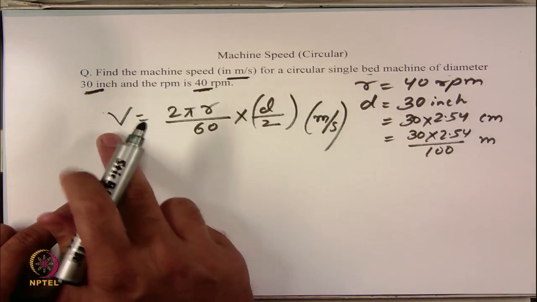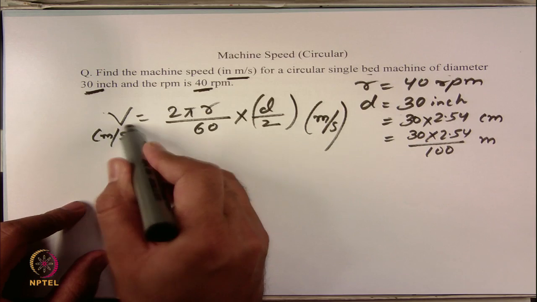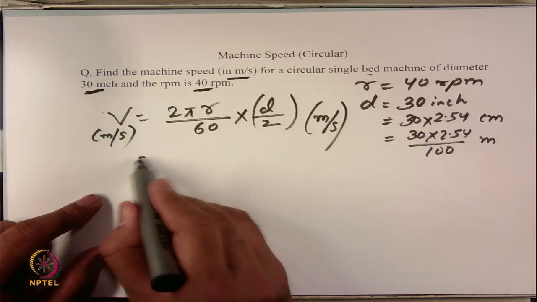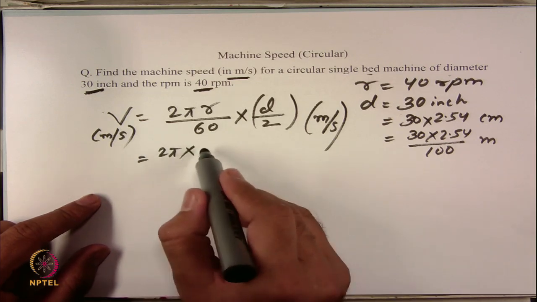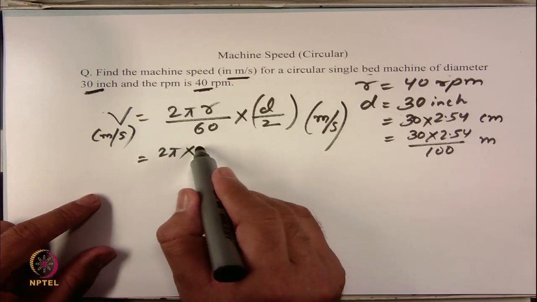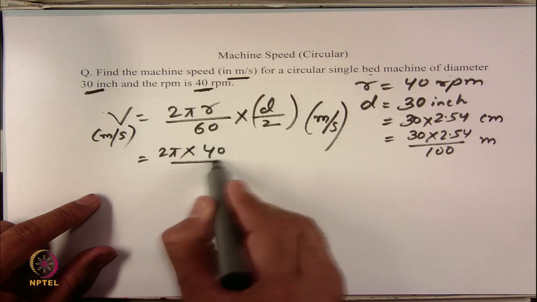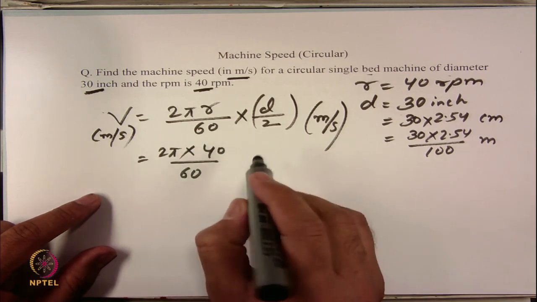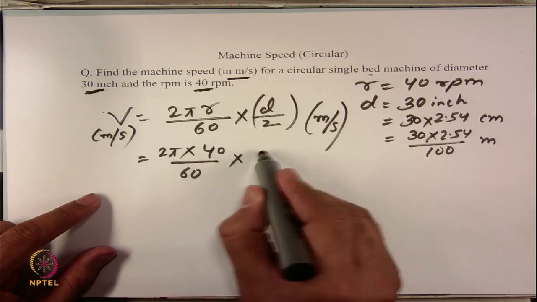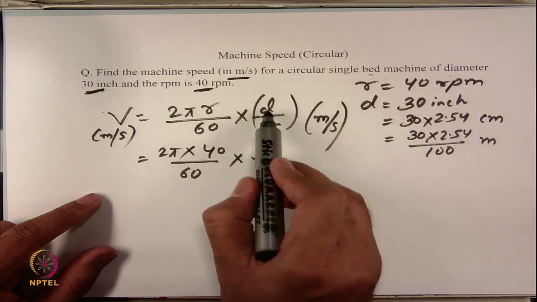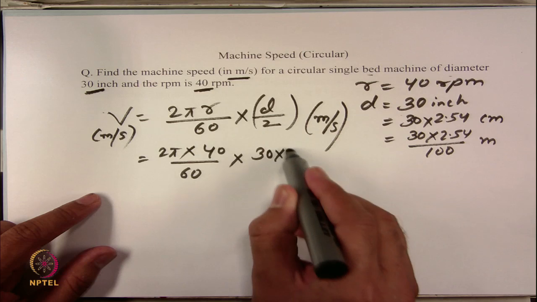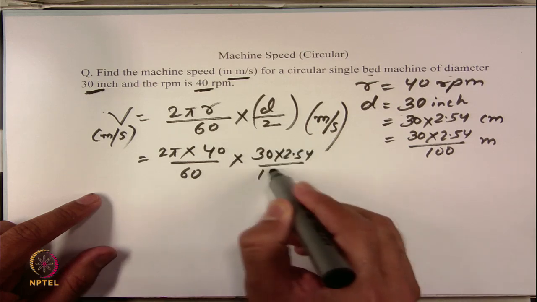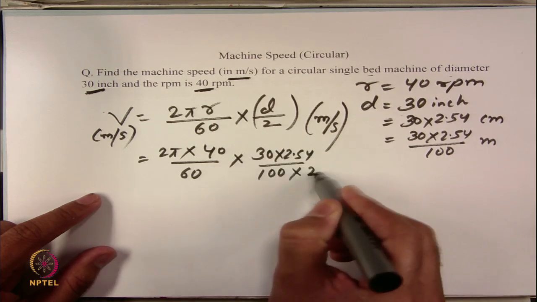So, 2 pi into 40 divided by 60 into 30, we are putting D directly in meter. So, 30 into 2.54 divided by 100 into 2.